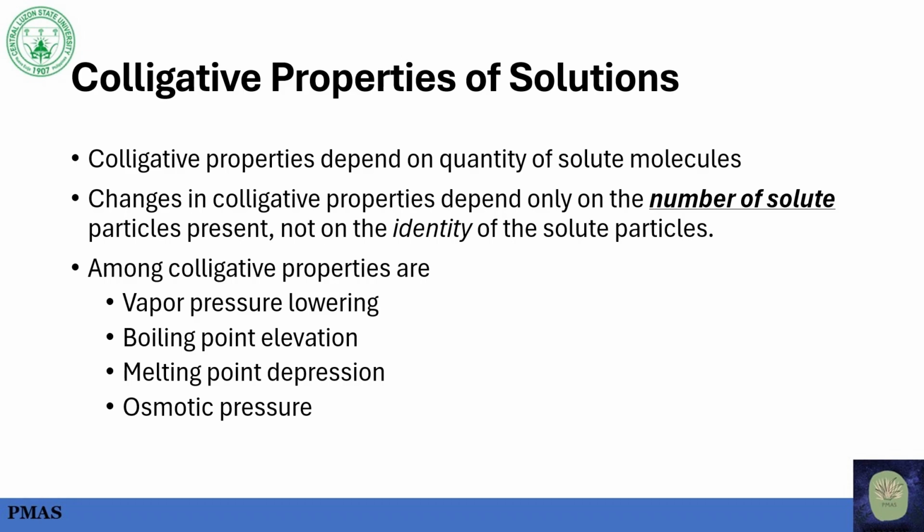Next, we have what we call the colligative properties of solutions, which depend on the quantity of the solute molecules. First, changes in colligative properties depend only on the quantity of the solute and not the identity of the solute particles.